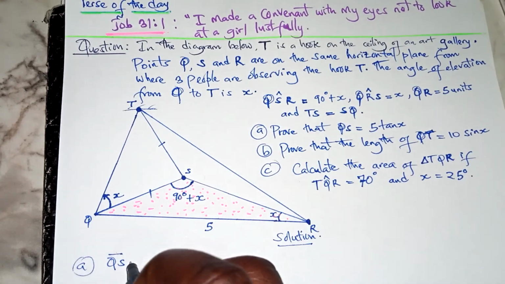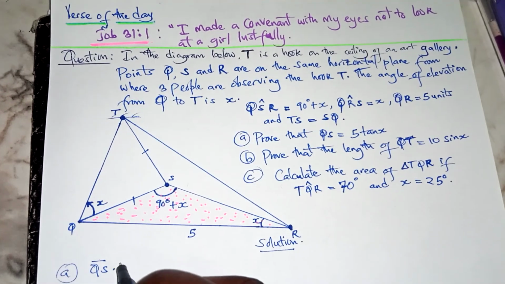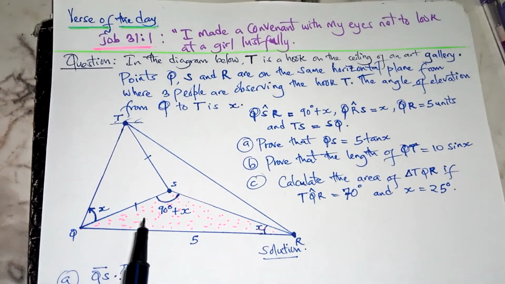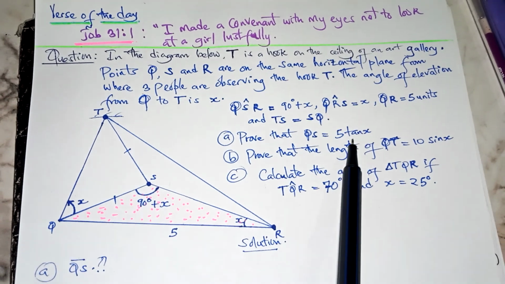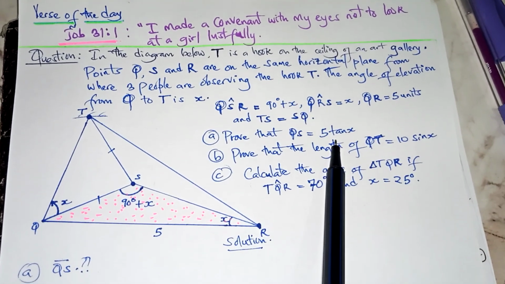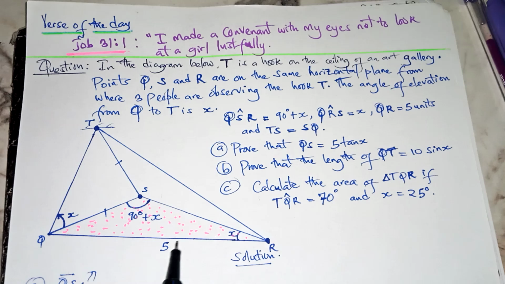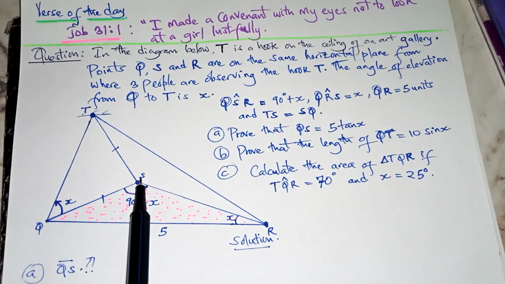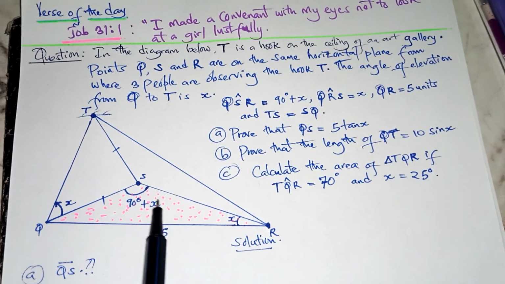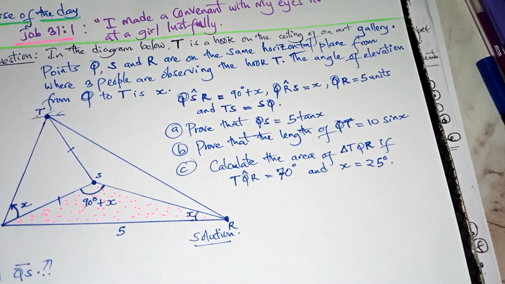So QS is what we are dealing with, QS being equal to 5 tan X. Since this is the triangle which has the most known or the most defined elements, that's what we are going to sketch.